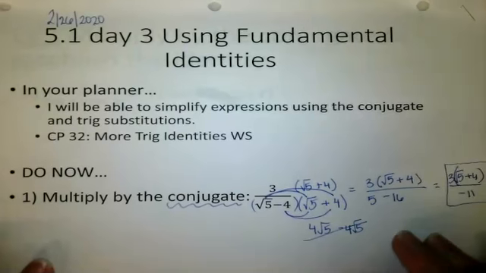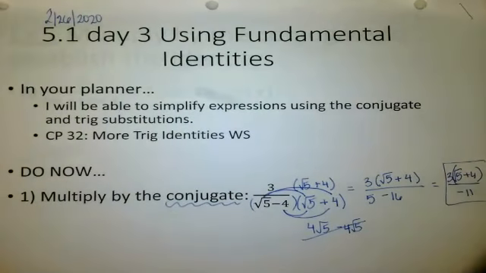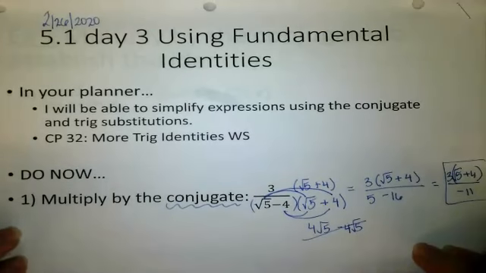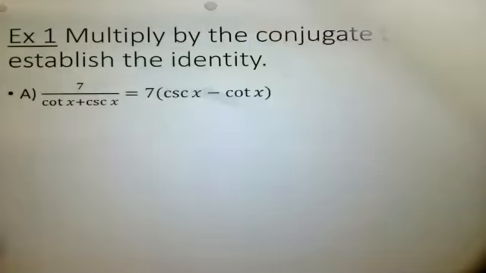So multiplying by the conjugate. This is a skill that we use a lot in calculus to clean things up, make them easier to differentiate. So we're doing a little bit of that today.